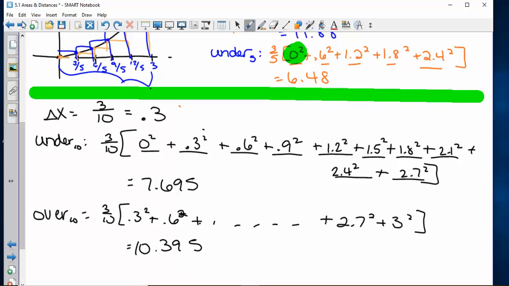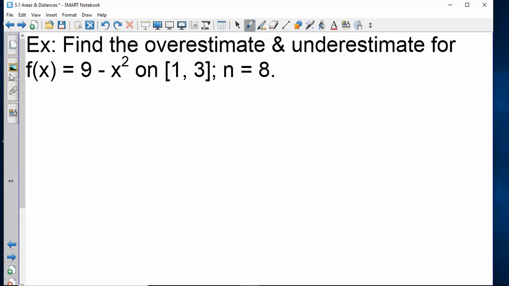Let's do some more. Okay, if I want the over and under estimate for this one, the equation is now 9 minus x squared, and I'm looking at the interval 1 to 3 using 8 rectangles.